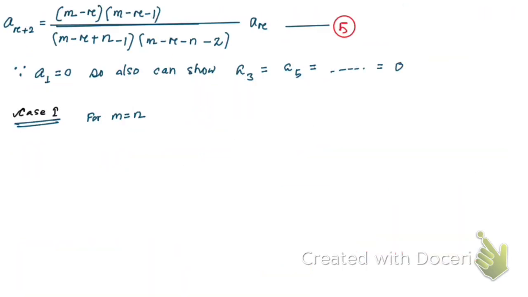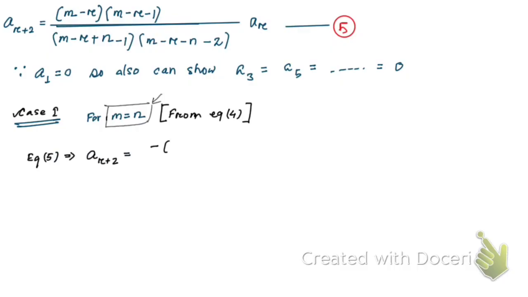So for this condition m is equal to n, from equation number 4, we have got this condition. Now using this condition in equation number 5, it becomes this: a(r+2) is equal to this.